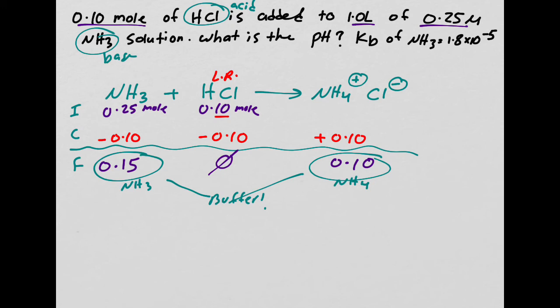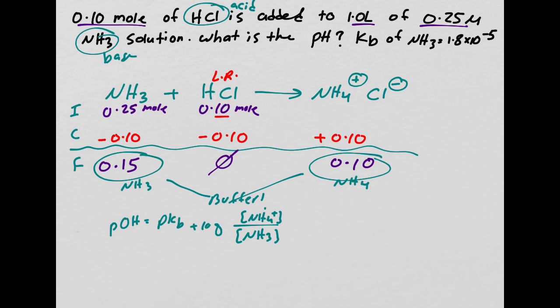I'm going to use the HH equation. Now, this is a weak base problem, so pOH equals pKB plus log, ammonia here and ammonium on top. All right, let's plug it in. pKB, again, I have the KB, minus log of KB gives me pKB.